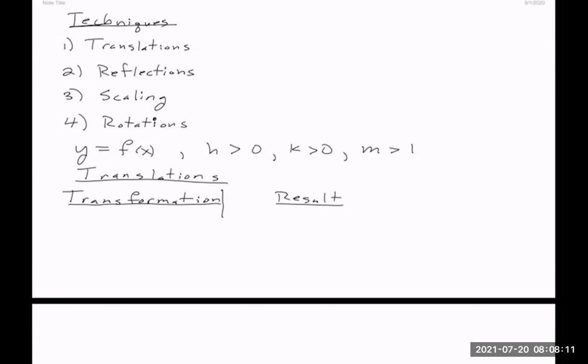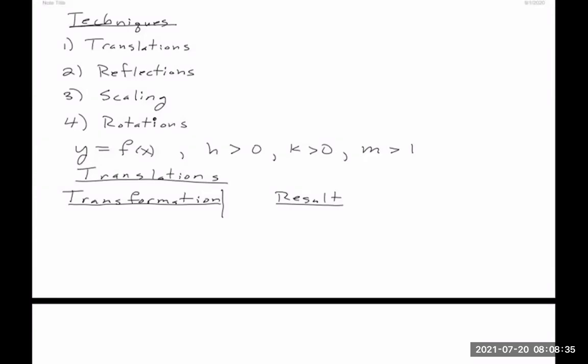Now rotations, I guess we won't actually do rotations. I am sorry, I forgot about that.